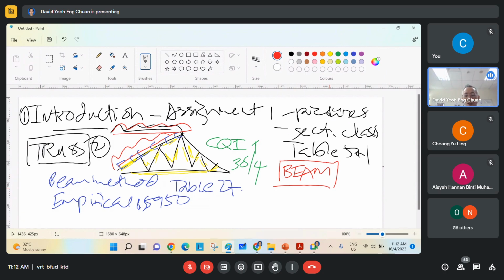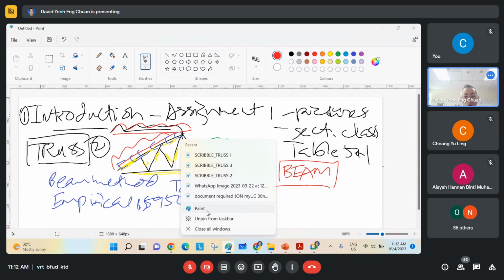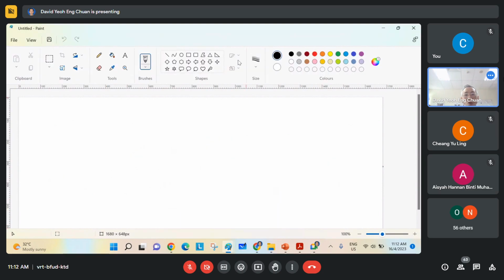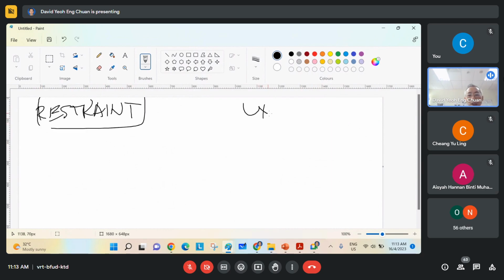Okay, in beam design, let me get another page. So beam design is divided into restrained beam and unrestrained beam.